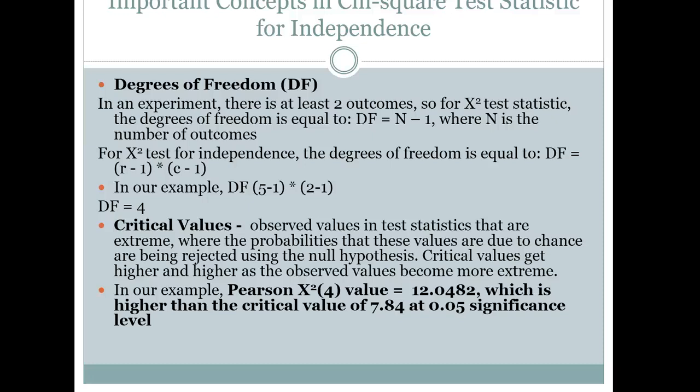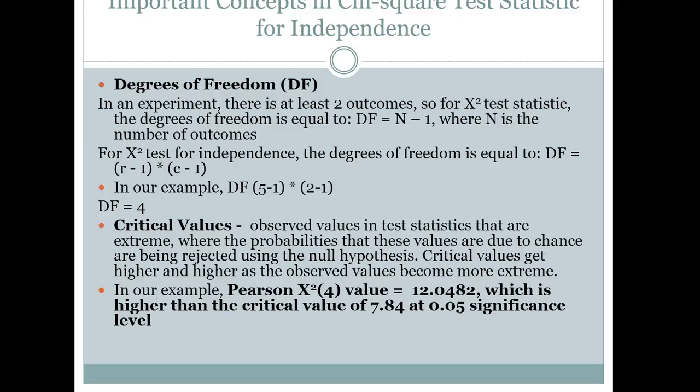We also know that the higher the critical values, the more extreme it becomes, and the more statistically significant. And you will see your p-value getting lots of zeros as your critical values get higher and higher, and your observed values become more extreme.